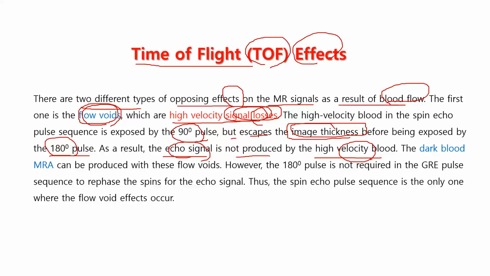This is called high velocity signal loss. The dark blood MRA can be produced with these flow voids. So we can use these flow voids to produce the dark blood MRA images.